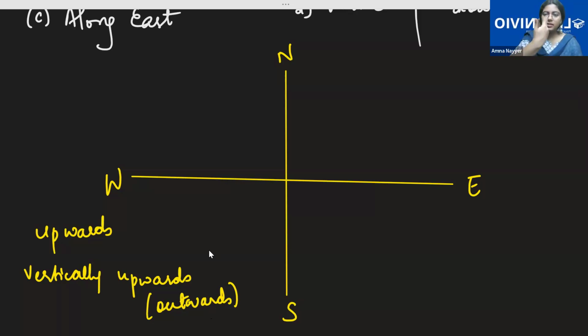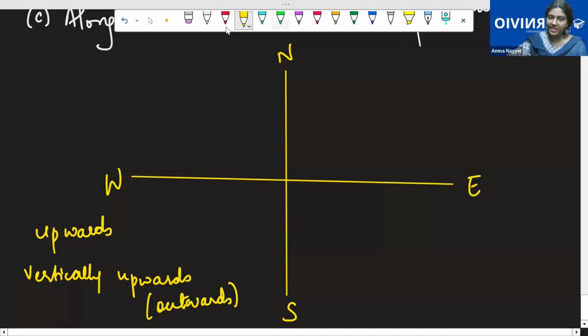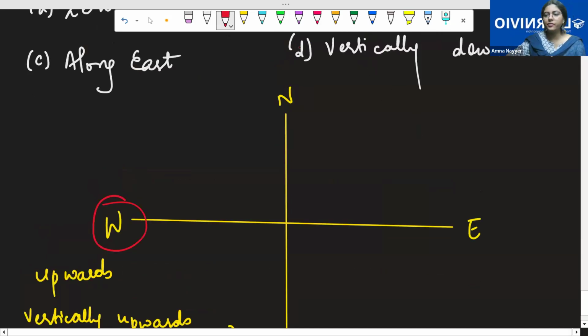I can put it like this and curl it upwards, right? If I put it like this, I won't be able to curl. If I put it like this, now it's correct. Hand outwards, fingers getting curled upwards. Which direction? West. Exactly. So this is the answer. Got it?